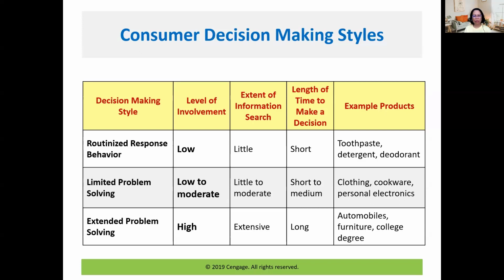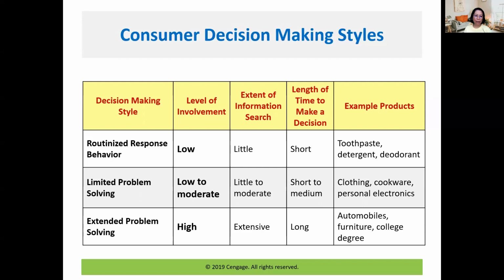The level of involvement here is low to moderate. The extent of information search could be little to moderate, and the length of time to make a decision could be from short to medium. For example, clothing, cookware, or personal electronics. So this will take a longer time to decide, and this is considered under limited problem solving.